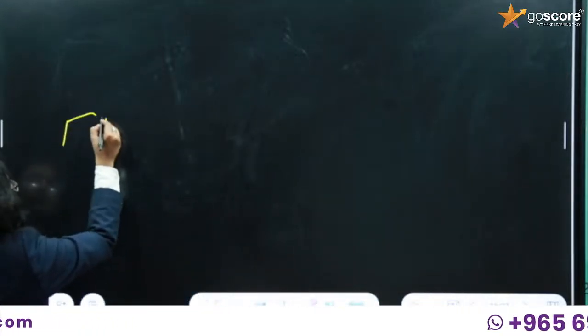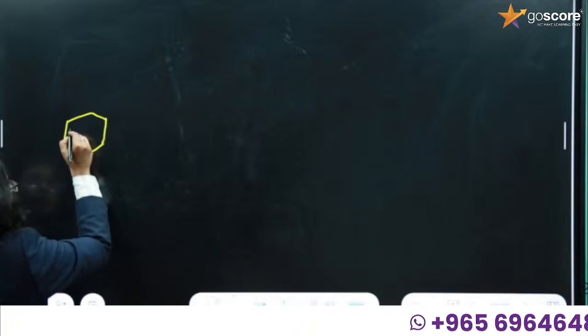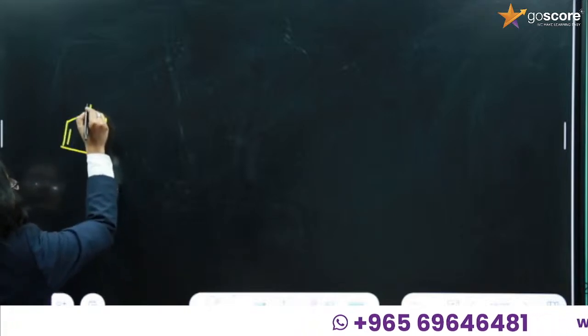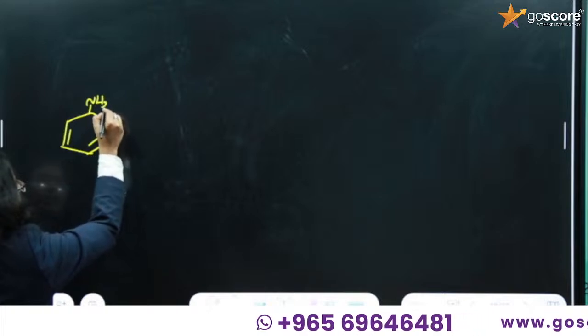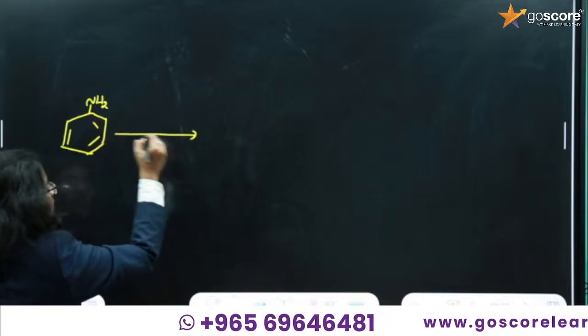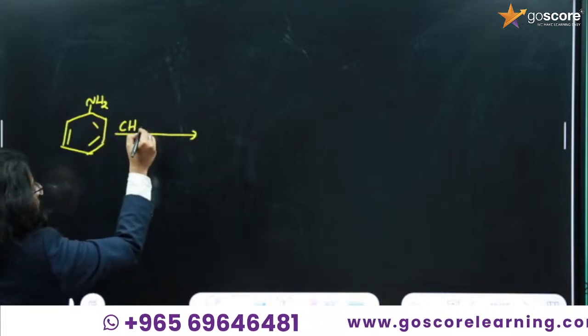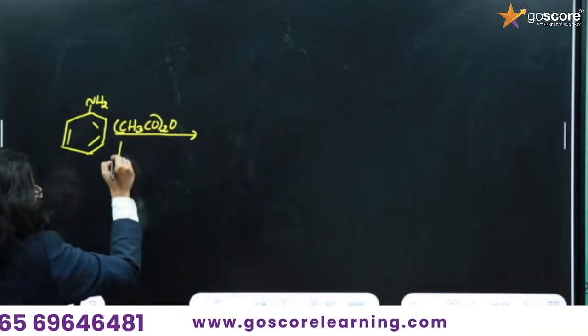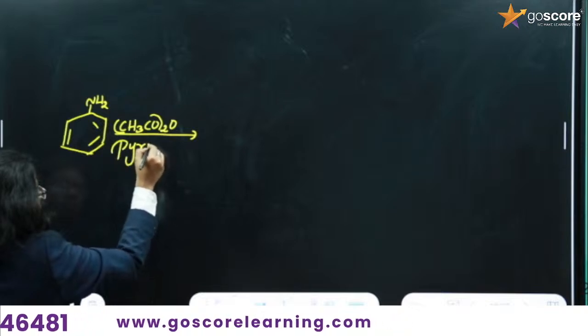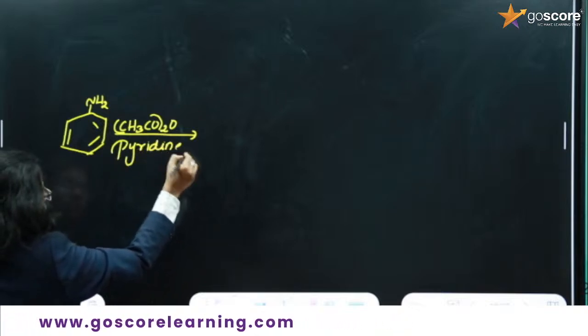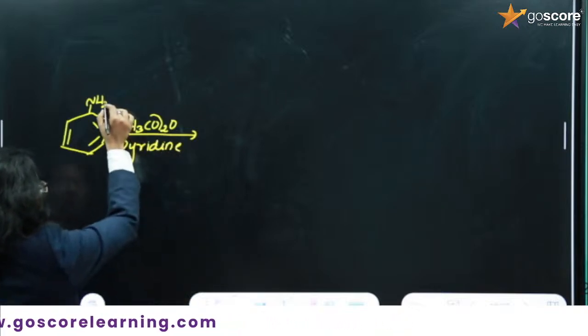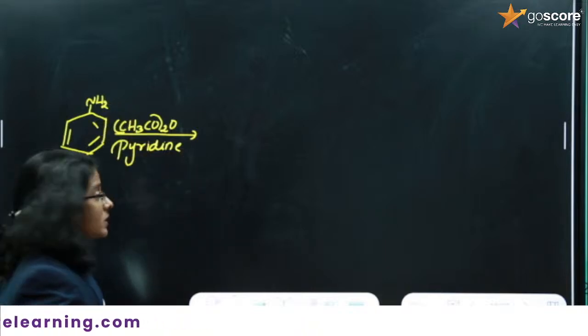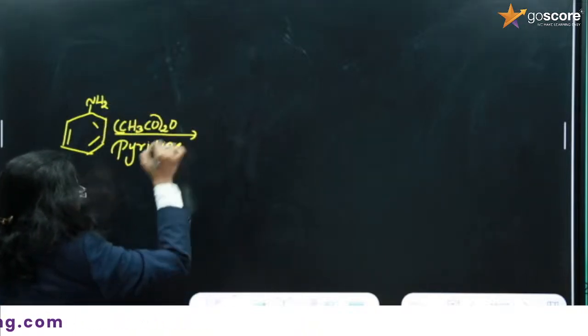So here, first the aniline is treated with acetic anhydride. Here acetic anhydride is the protecting group, that is CH3CO twice O, in presence of pyridine. From here, one hydrogen will be eliminated as acid.